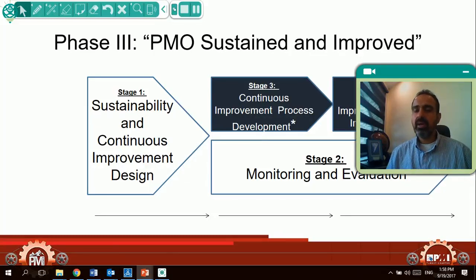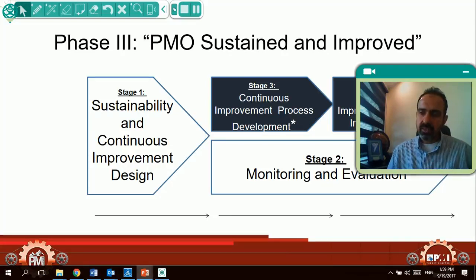The question here to answer is that how do we ensure that the PMO will stay up to date with the latest techniques and methodologies and technology and people capacity that will ensure we get the maximum out of our PMO? And how do we keep improving on this PMO? So we have to put a design for that. We have to set it up and we have to implement it.